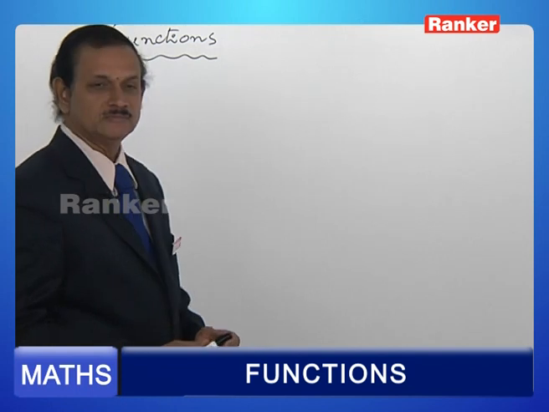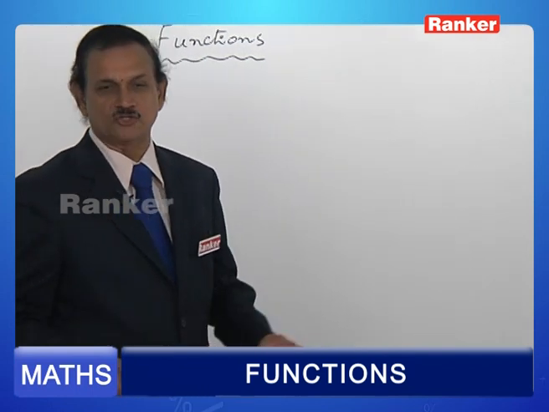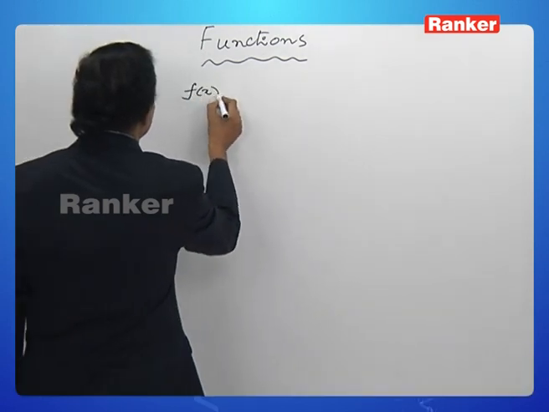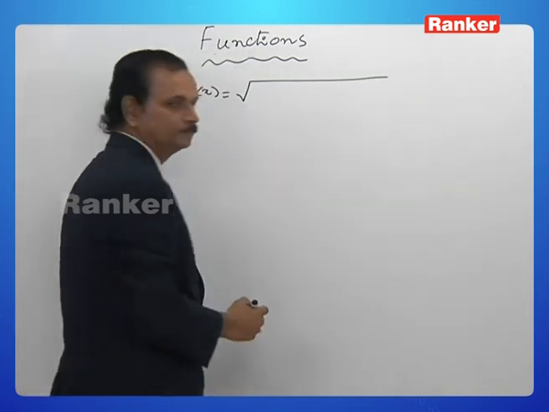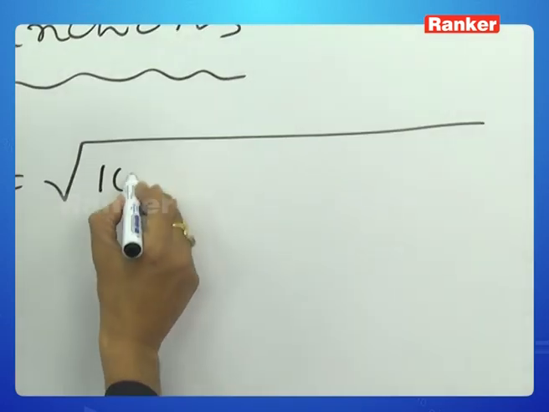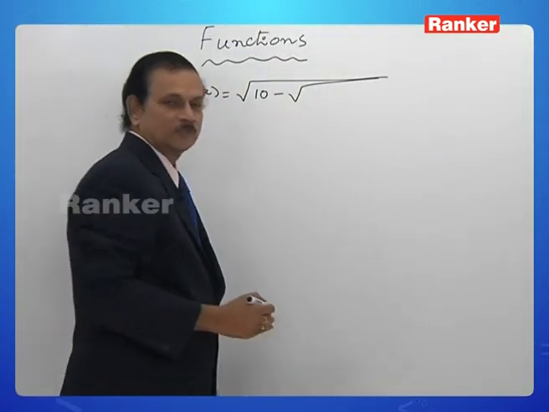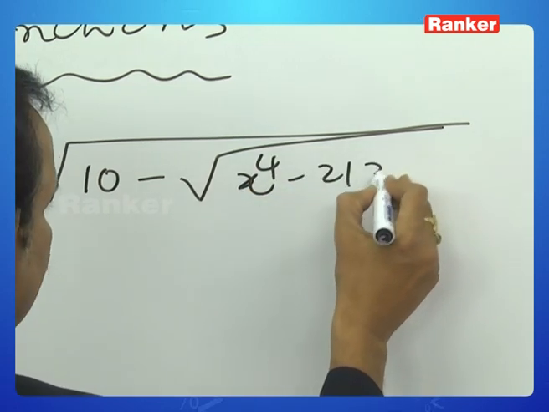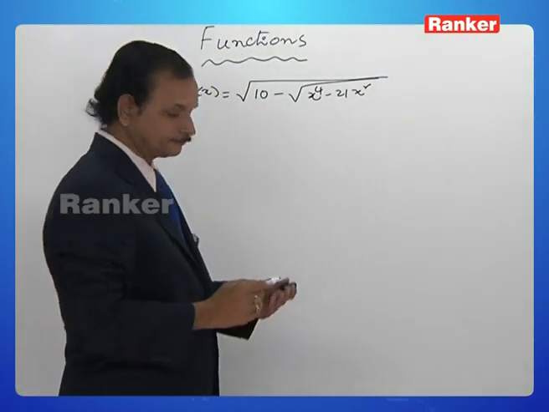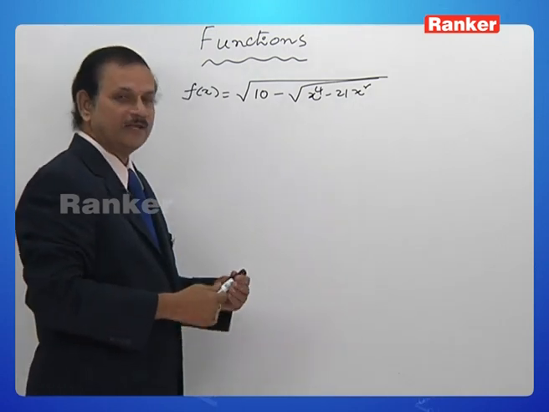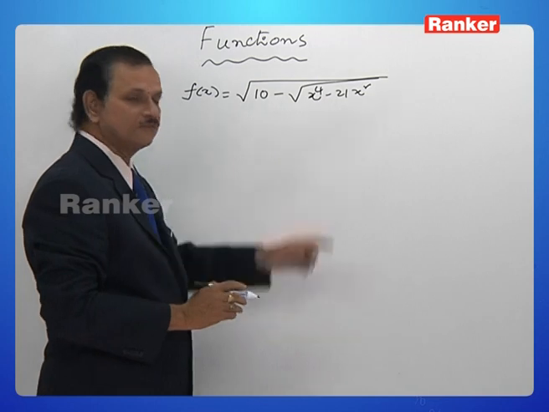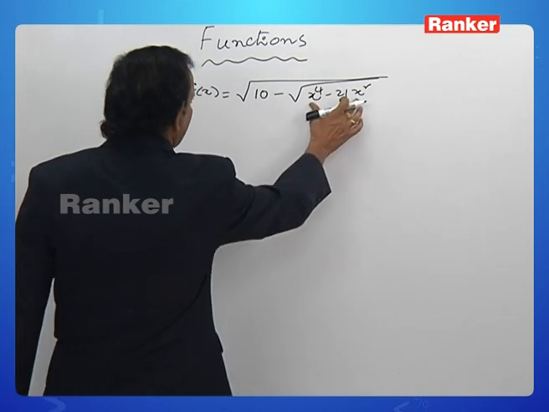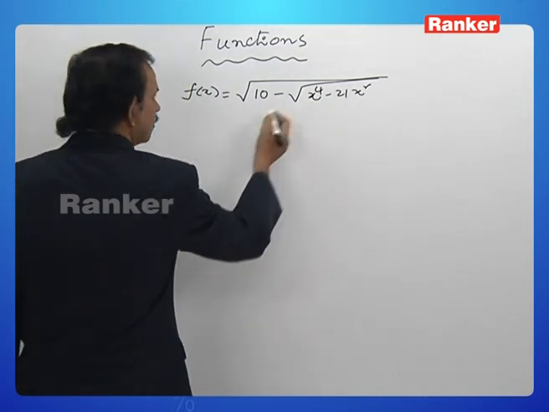Let us observe the nature of f of x very carefully to trace its domain. What is f of x? F of x is 10 minus root of x power 4 minus 21x square. Here we have to see these two square root symbols simultaneously and very carefully. First of all, x power 4 minus 21 x square is available in this root symbol.